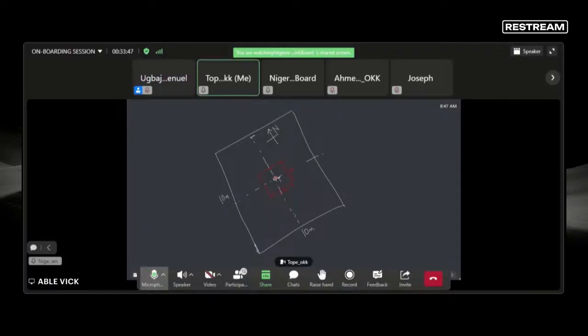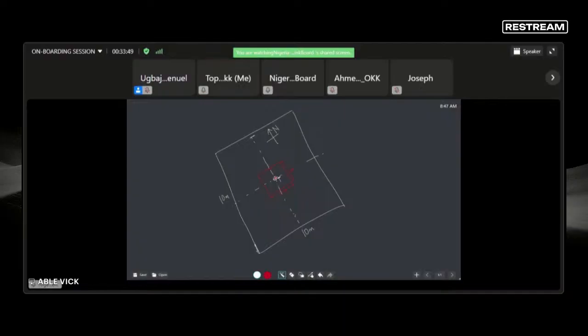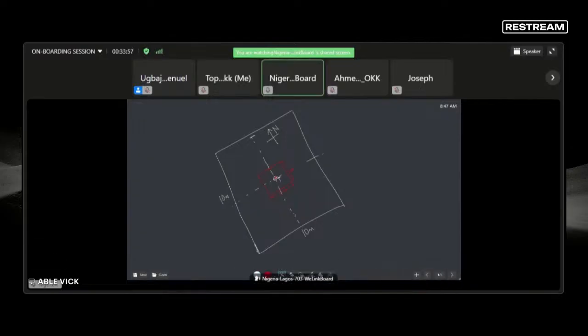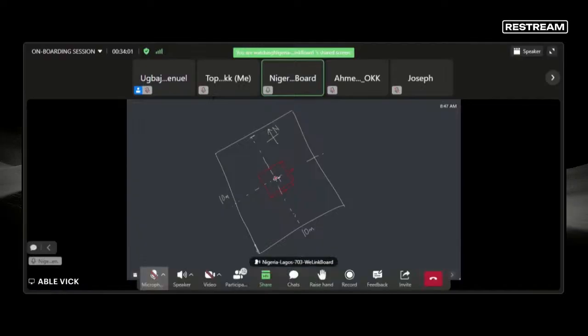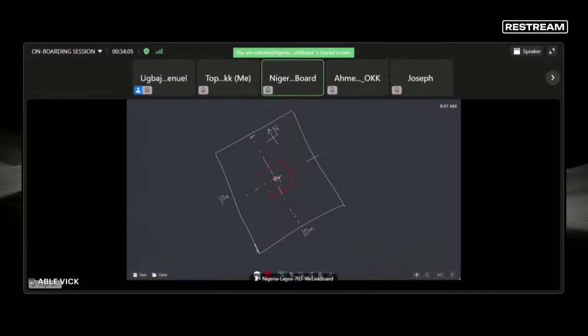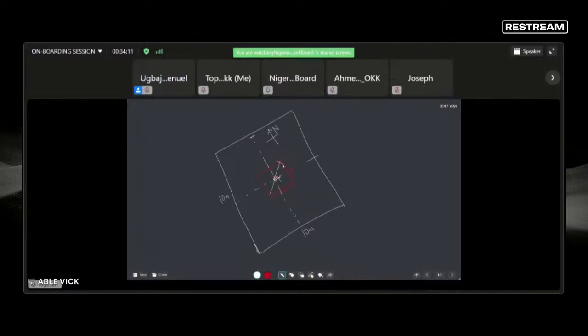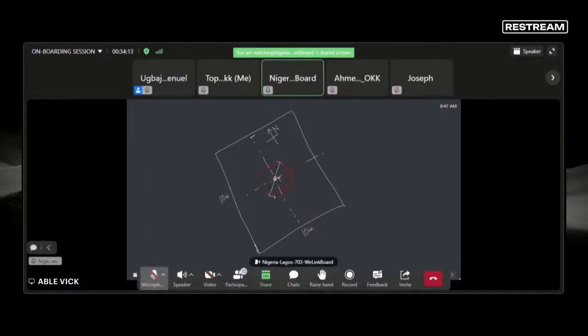And yes, monopole. And how did I get this tower foundation? I just divided my site into two parts and I got the midpoint of that site. From the midpoint of the site, I can take 1.1 up, 1.1 down, or use the diagonal method. You can use the diagonal method to get your diagonals, then box your site.